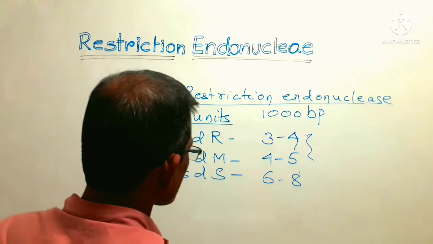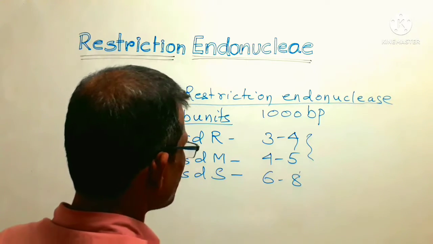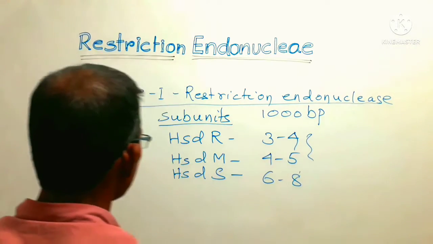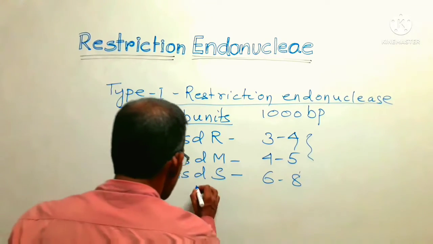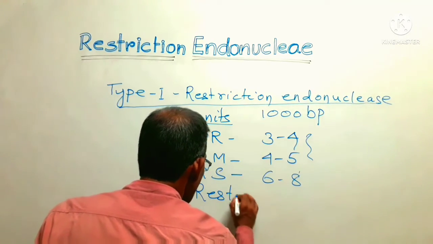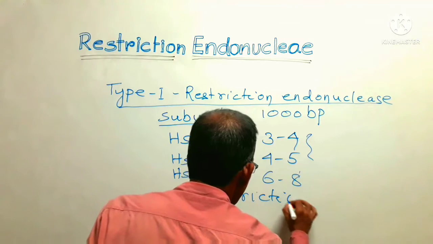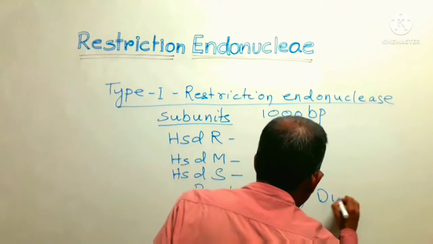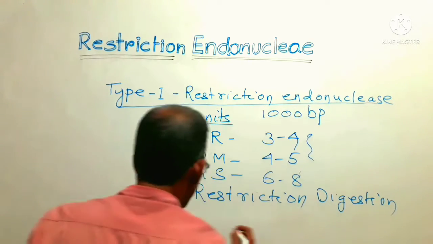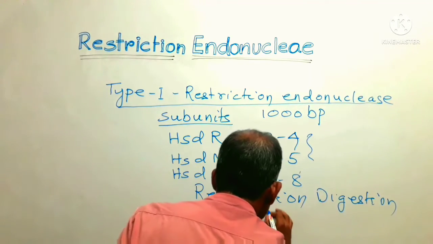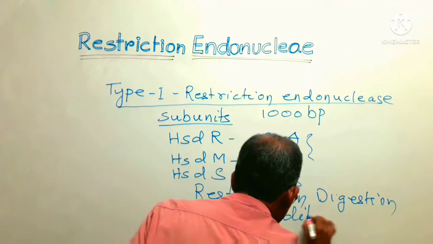Type 1 restriction endonucleases are multifunctional enzymes that have two activities. One is restriction digestion activity, and the other is restriction modification activity.